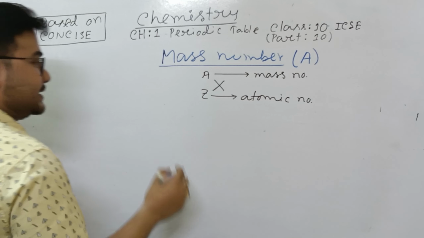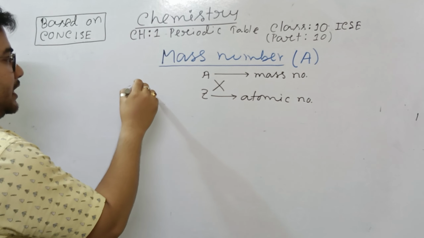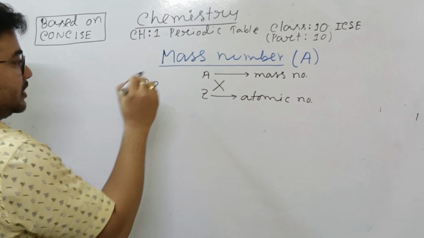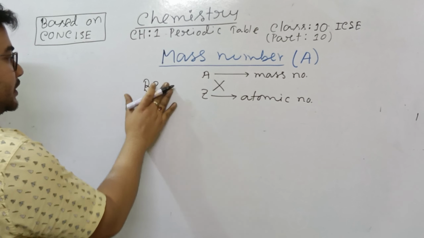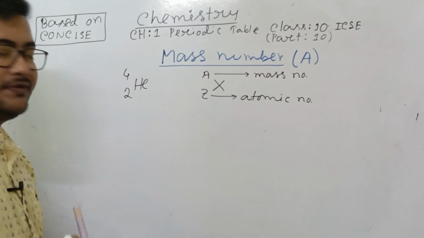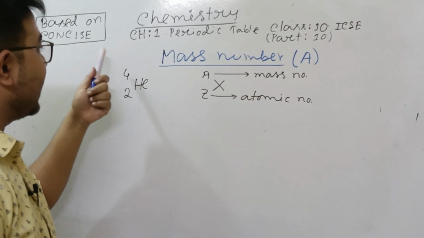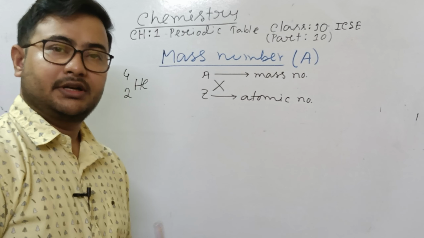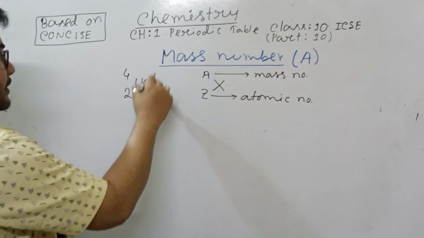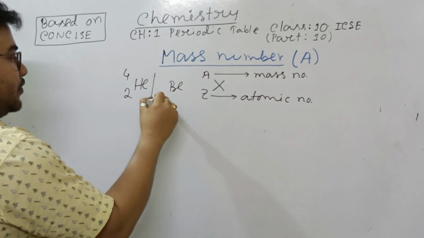If you want to give an example, you can take beryllium or helium. If you choose helium, then it is 2 and 4. Here 2 means atomic number, the upper number is mass number. If you consider beryllium, then 4 and 9.